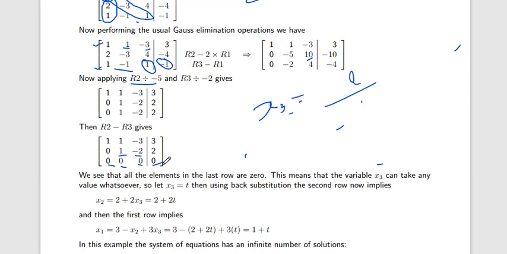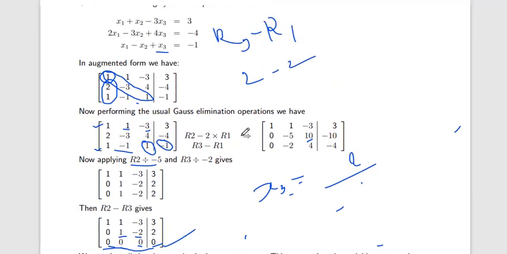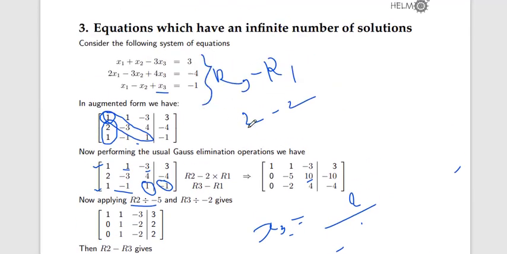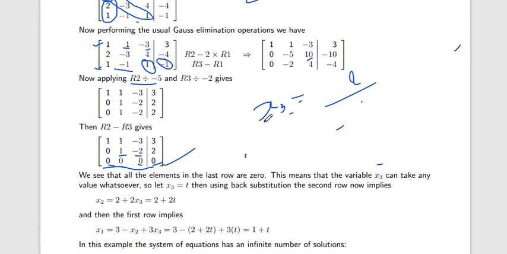Why? Because it does not depend on anything, all these values are 0. Take any value you want, but this equation will not change. So let's take x3 is equal to t, where t is anything, and apply back substitution.